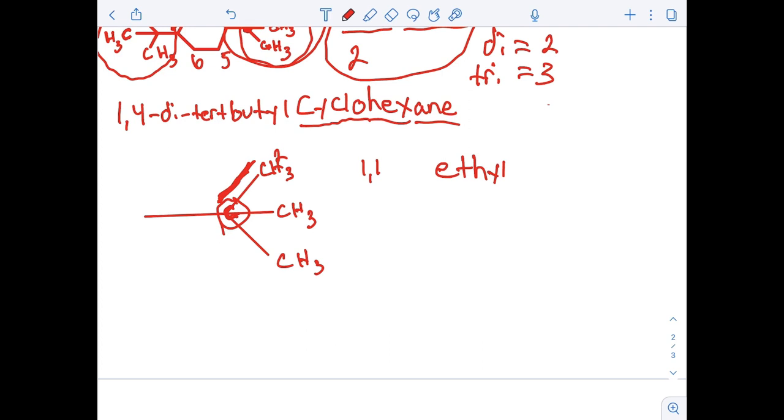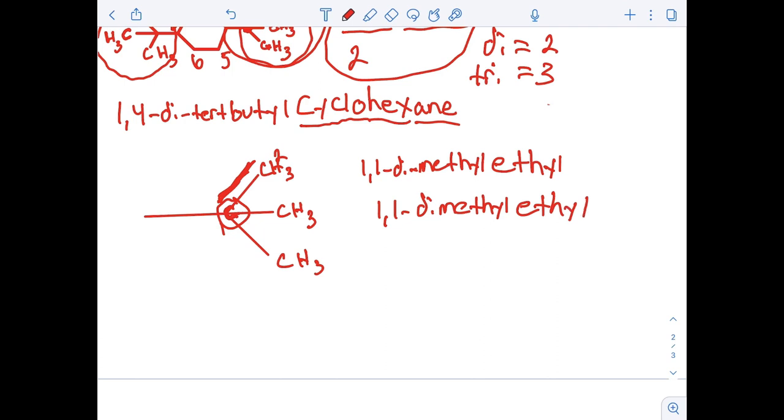So it would be 1, 1, dimethyl. So 1,1-dimethyl ethyl. And actually it should be written like this: 1,1-dimethyl without a space ethyl.